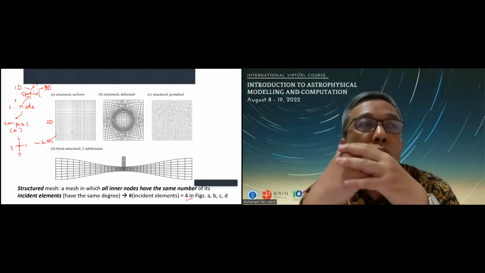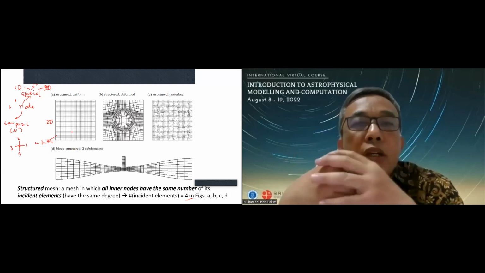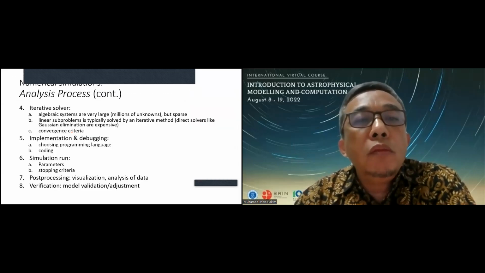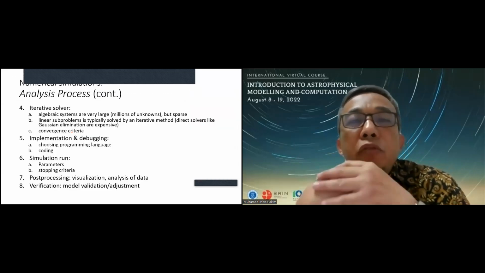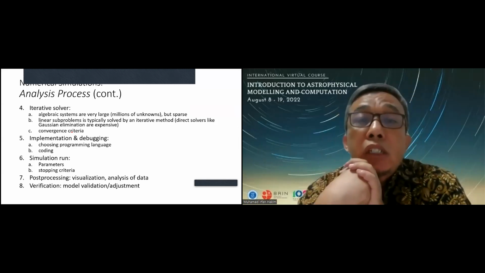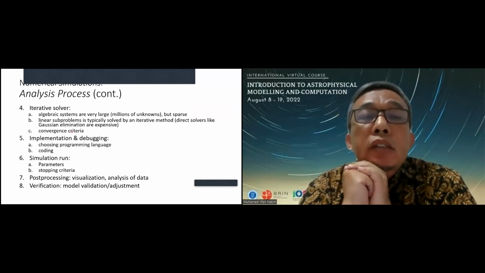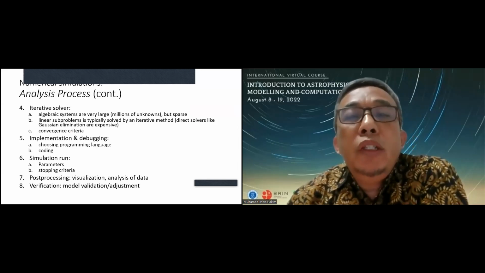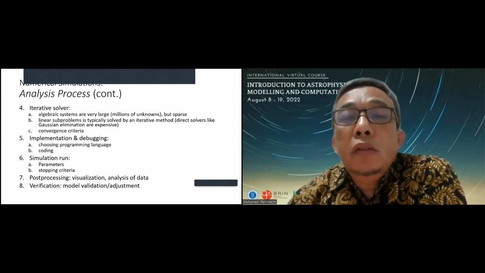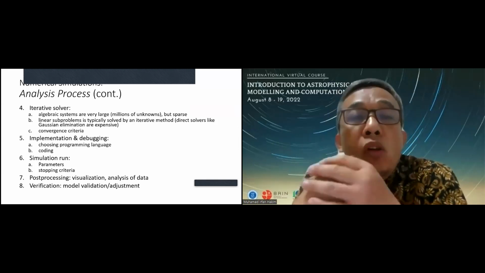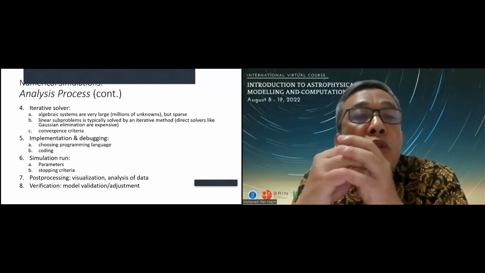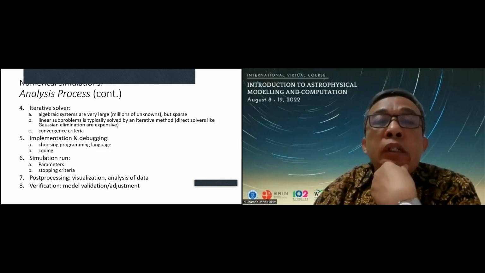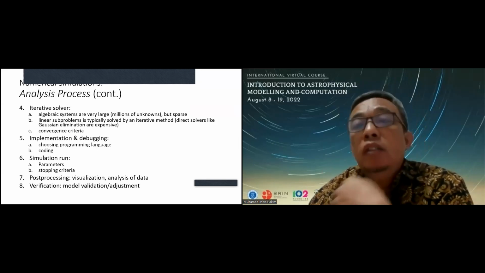They are the building blocks of a big algebraic system. So we are doing very large matrix operations. We need to know how to solve these linear subproblems using iterative methods, for example, Gauss-Seidel.